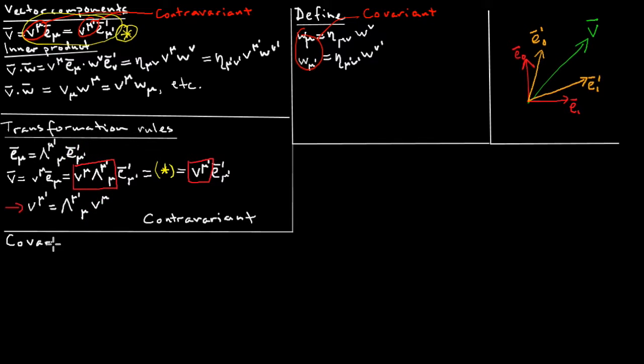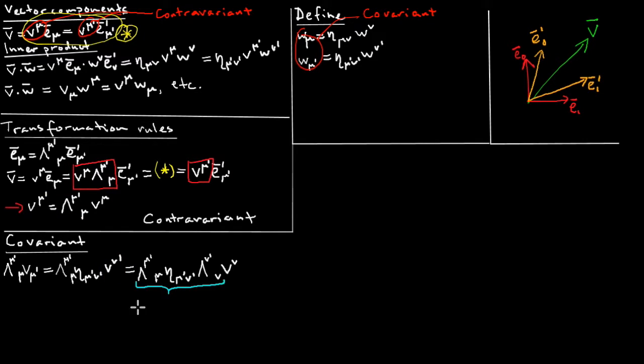If we instead look at the covariant vector components, we can write down the relation to the contravariant components in the primed basis. Multiplying by Λ^μ'_μ, using the transformation property of the contravariant components, and that the Lorentz transformations preserve the metric tensor, we find that this is equal to η_μν multiplied by the unprimed contravariant components.